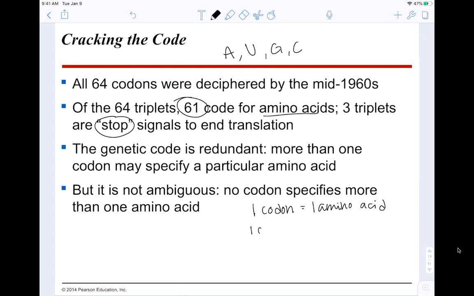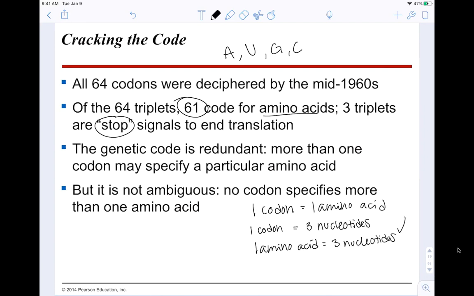One codon is also a triplet, right? A triplet. So 3 what? Nucleotides. And what can we tell from this information? That if one codon is one amino acid and one codon is 3 nucleotides, that must mean that one amino acid is equal to 3 nucleotides.